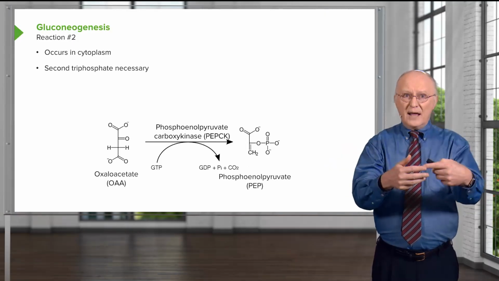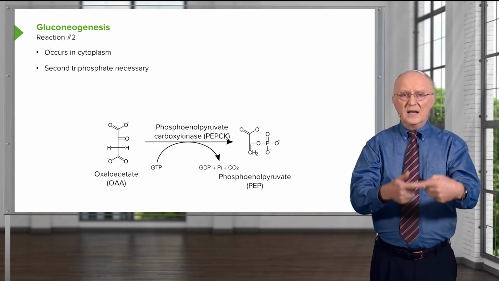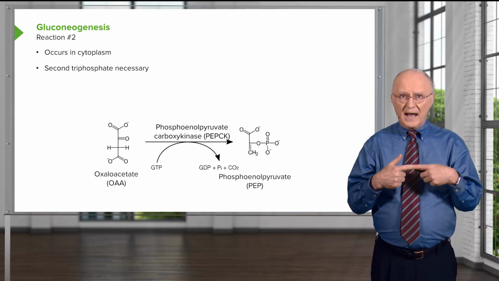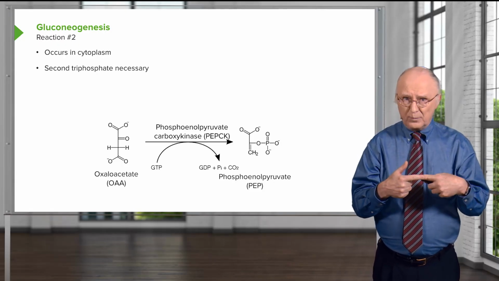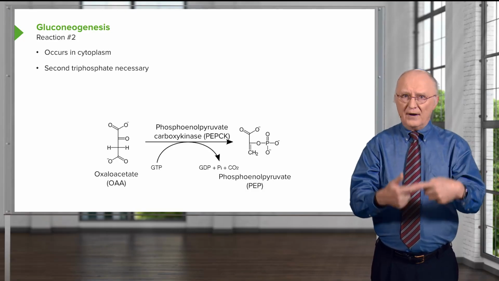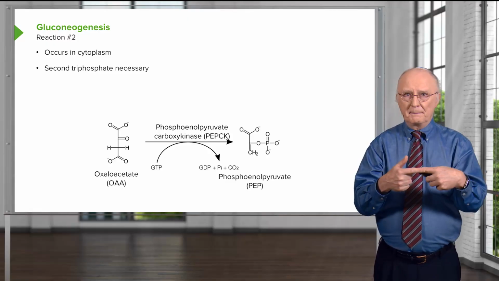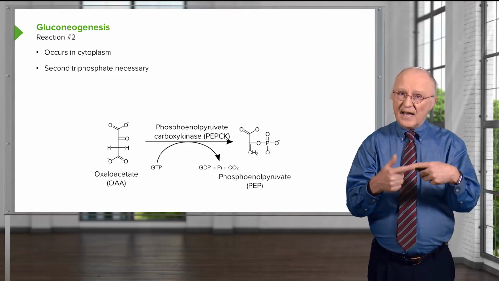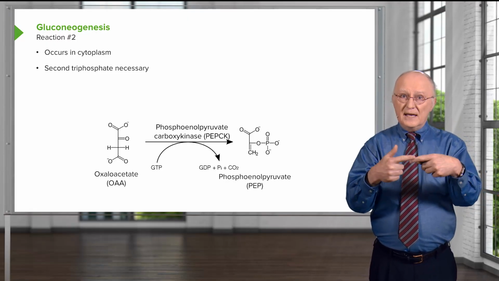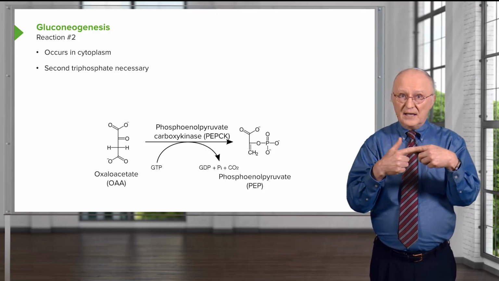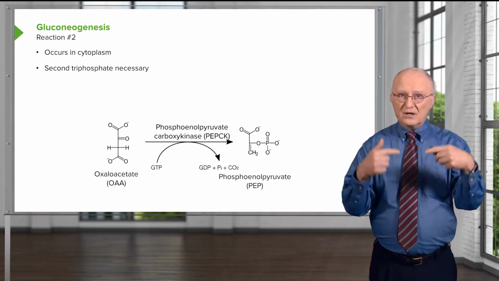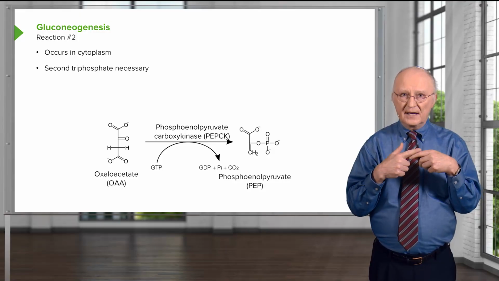Now, after that reaction of making oxaloacetate, the oxaloacetate, as I said, is moved out to the cytoplasm. And in the cytoplasm, there's an enzyme called phosphoenolpyruvate carboxykinase. Yeah, mouthful of a name. PEPCK is actually one of the enzymes that is regulated at the gene level, meaning that most of the cells of our body won't make this enzyme.